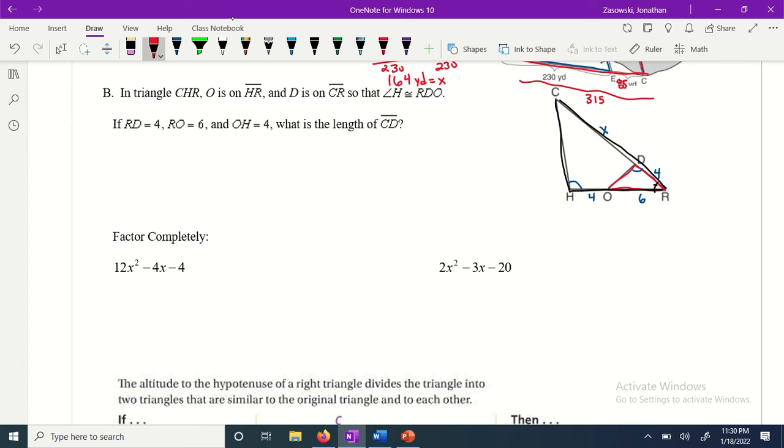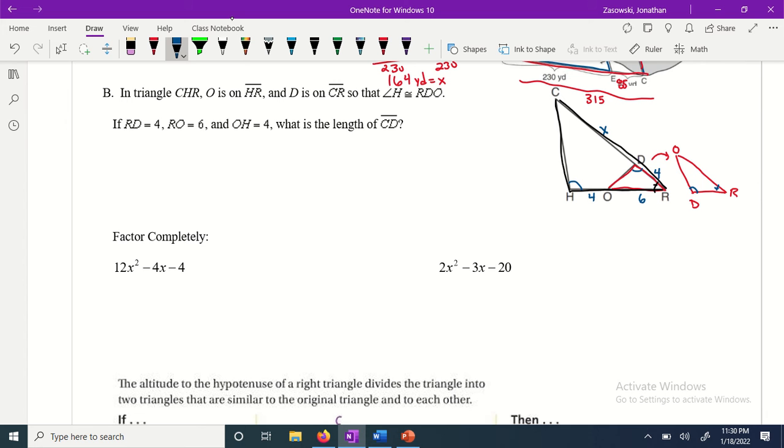So what you want to think about is what happens if I take this red triangle and reflect it and translate it over here, and I get it to look like this one. So R is going to be in this corner, D is going to be here, and O would be moved up here. And we know that we have these two angles congruent, so that's how I know I want D here. They share angle R, if you remember, okay?